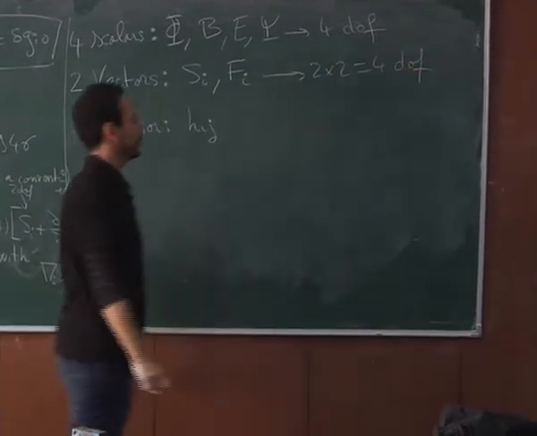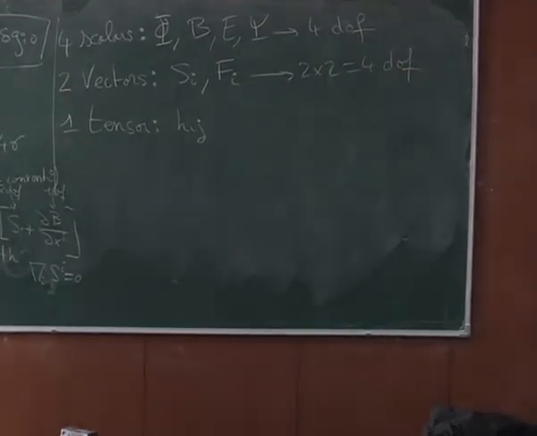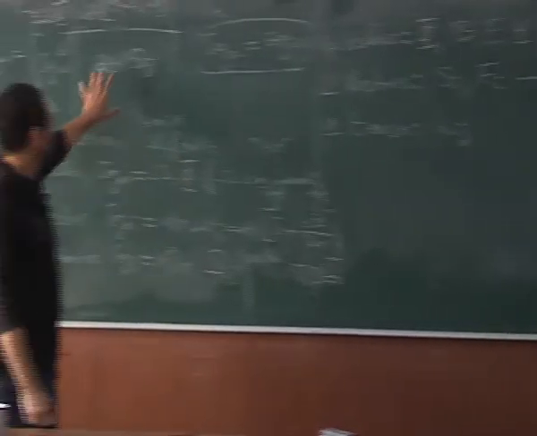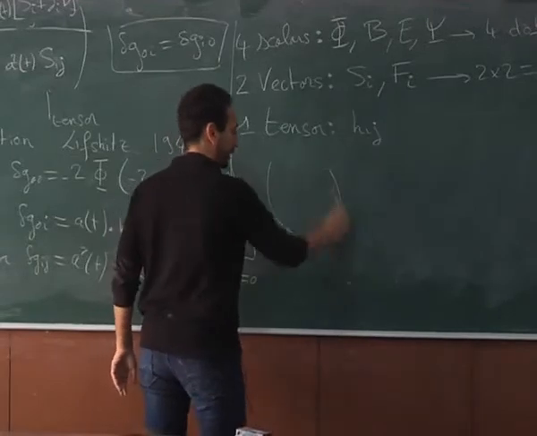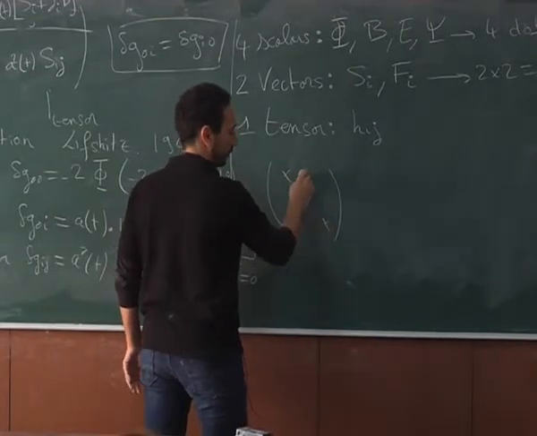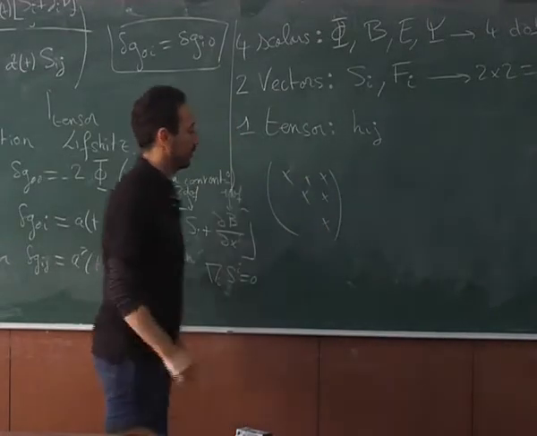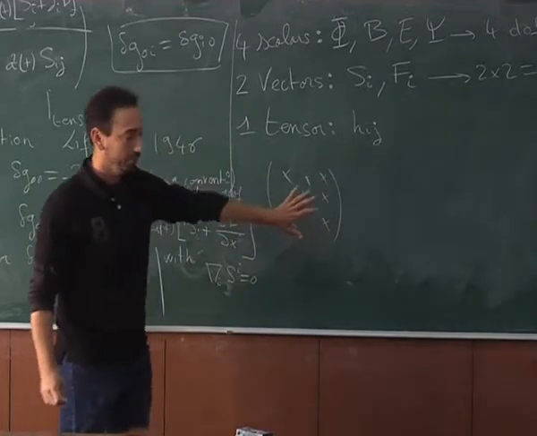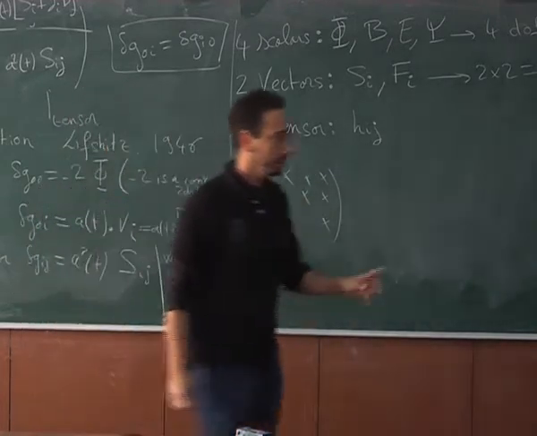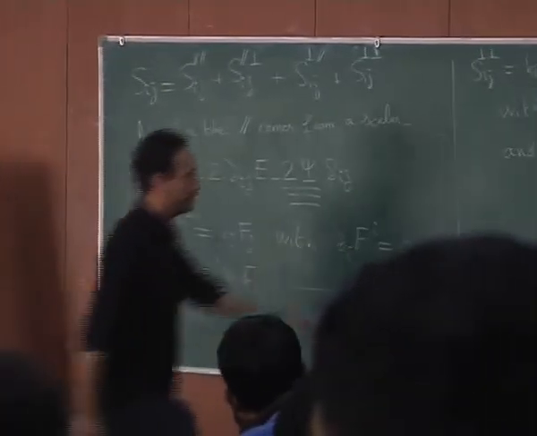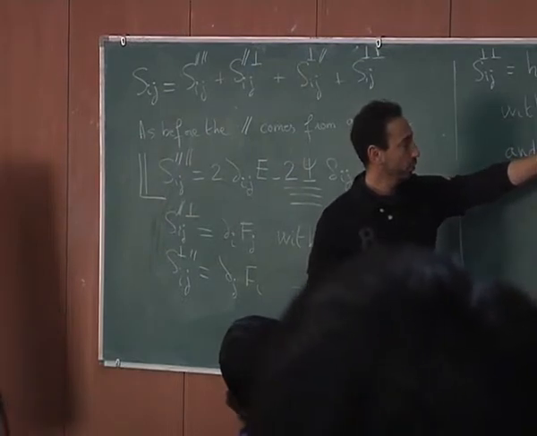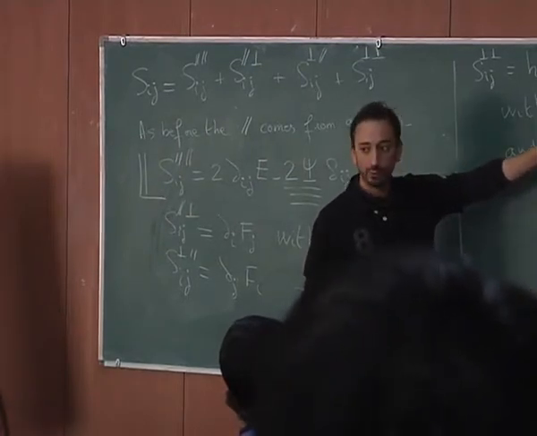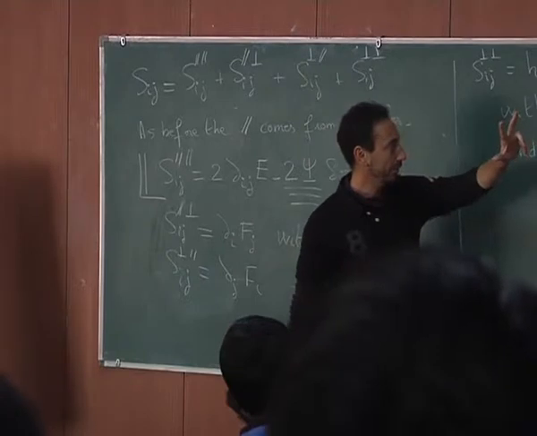Now the tensor, we have to calculate what it is. It's a 3 by 3 symmetric matrix, so you should have 6 degrees of freedom, but it has first this condition equal to 0. You can take it for j equal to 1, 2, 3. You have 3 equations, so 3 constraints.